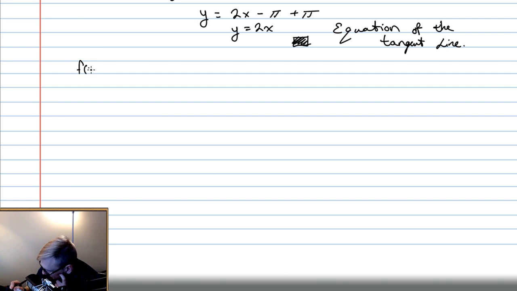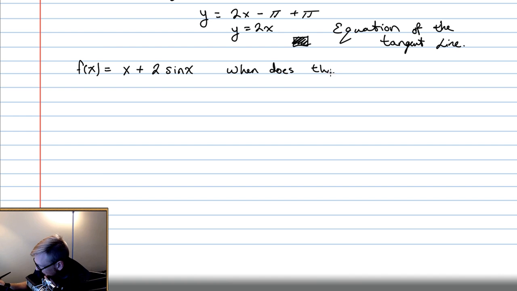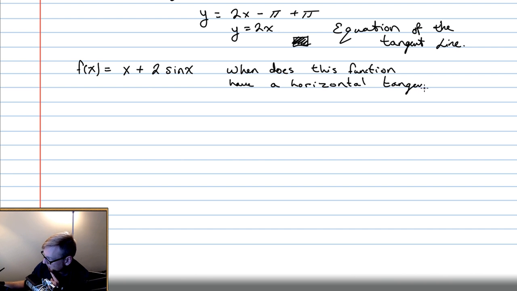When does this function, x plus 2 sine x, have a horizontal tangent?